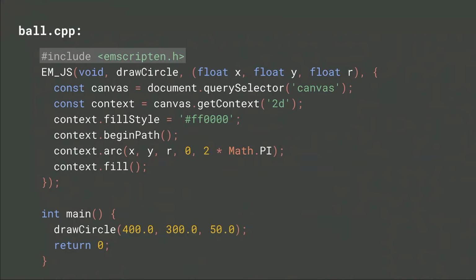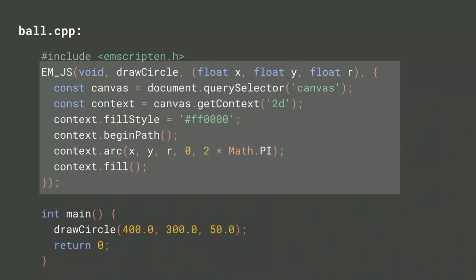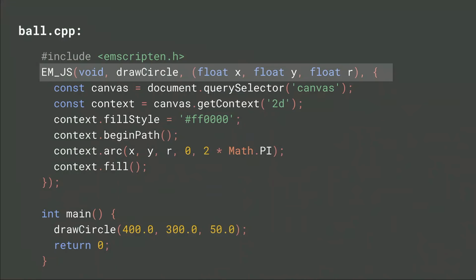So let's start off, and we'll create a ball.cpp file. And you'll notice, once again, we include the Emscripten library to get all of the benefits that it provides. Next, let's talk about this EM_JS function, which seems to have JavaScript code inside of it, despite this being a C++ file. Well, the reason why we can do this is because EM_JS is a special macro known by the Emscripten library.